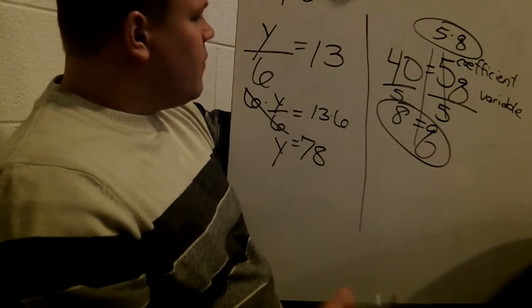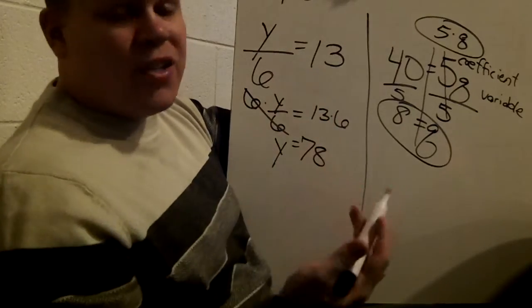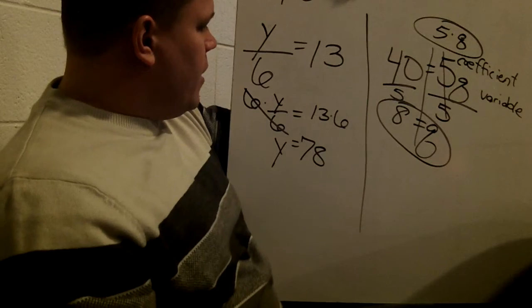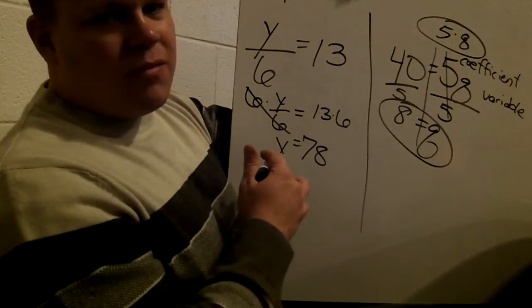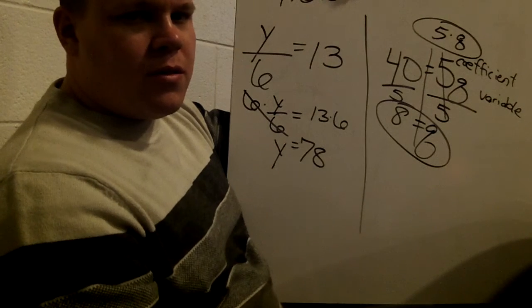If my answer is y equals 78, I should be able to plug it in here and say 78 divided by 6 equals 13, and it should be true. If it's true, then we move on. However, this looks like it has a shortcut in it somewhere. Do you know where that shortcut is?